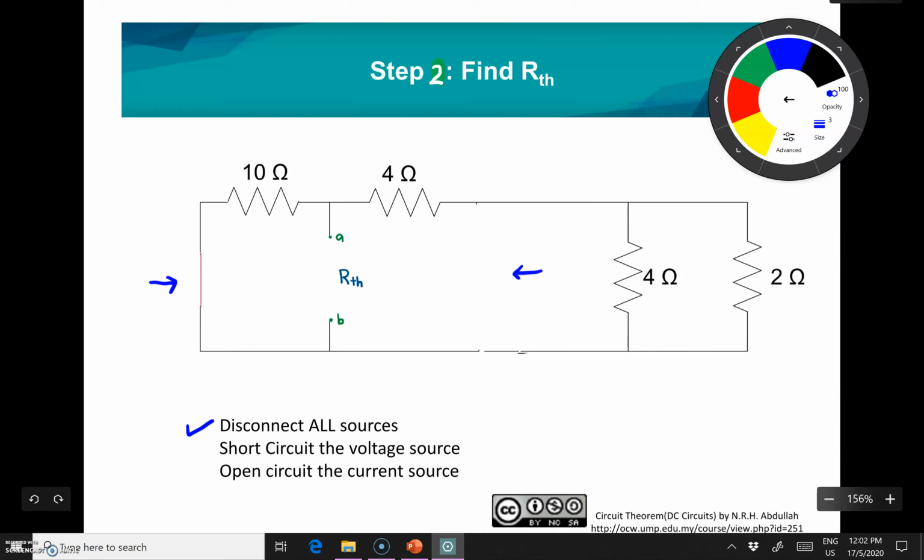For the voltage source, you have to short circuit it, and then open circuit the current source. So this is the circuit for finding the R Thevenin, and you can see that the circuit consists of resistors only.